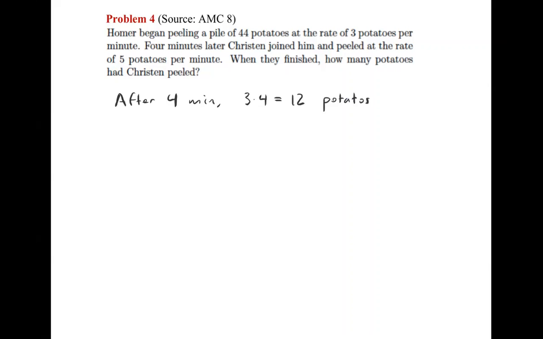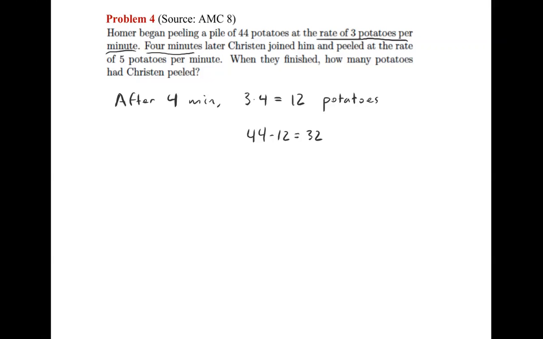And this 12 comes from Homer's rate of 3 potatoes per minute and the 4 minutes. So after 4 minutes, there are 44 minus 12, or 32 potatoes left to peel.